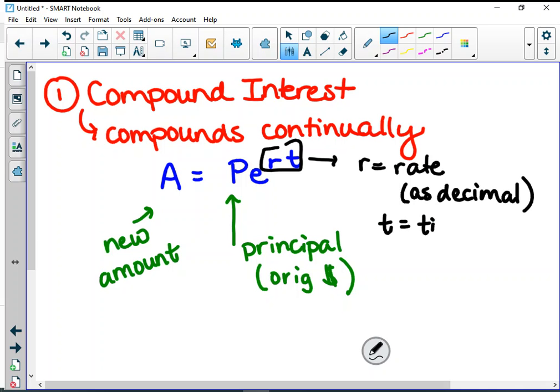And t is a time measurement in years. So that's the standard PERT formula for calculating compound interest.